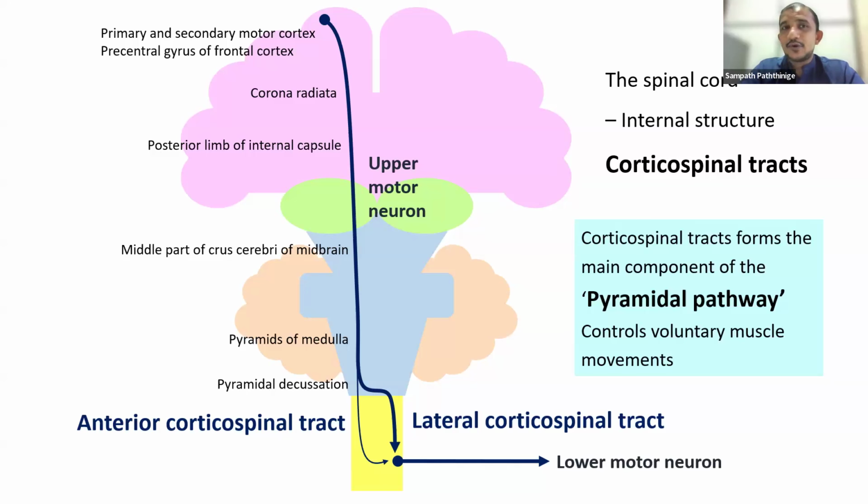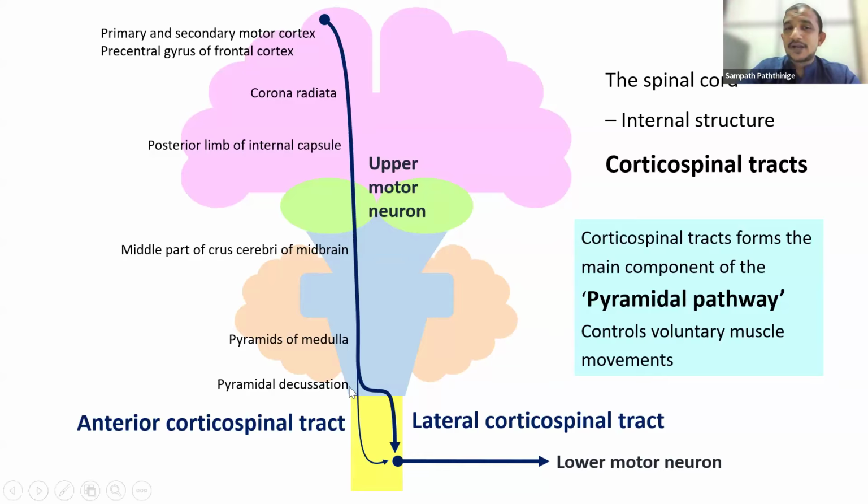So it descends through the corona radiata. The motor neurons do not end in the thalamus. Thalamus is mainly a sensory structure, right? There are some motor control effects, but generally the motor neurons do not relay. They stop there. So it descends through the midbrain, the pons, and the medulla.